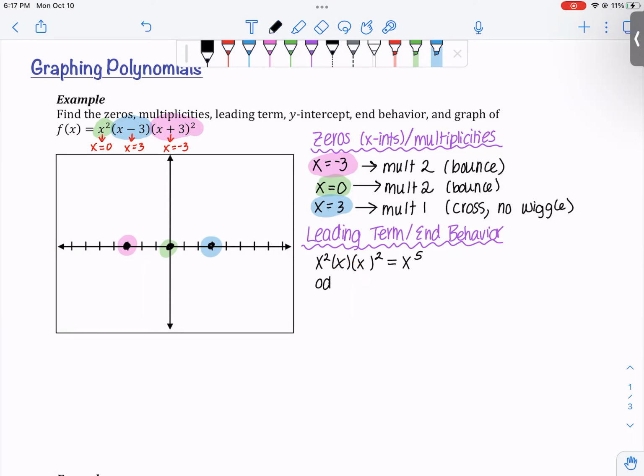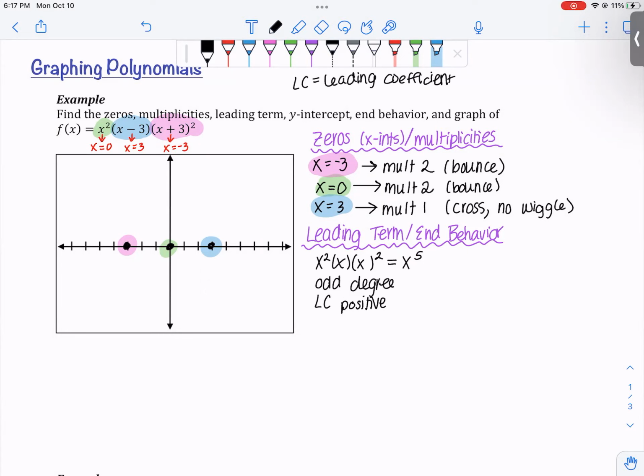So that is an odd degree, which means they go in opposite directions. The leading coefficient, which I will abbreviate as LC, is positive. The leading coefficient is 1.